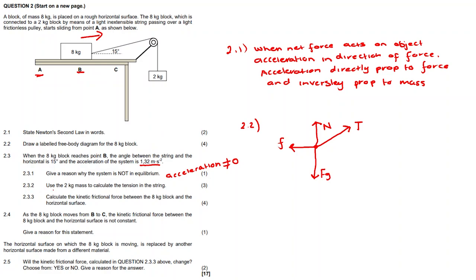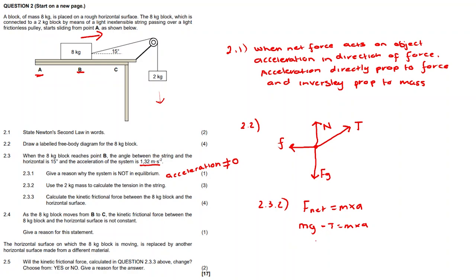You can write that out in words. Question 2.3.2. Use the 2 kg mass to calculate the tension in the string. This being the 2 kg mass, we can say that F net is equal to m times a. Looking at the 2 kg block, there's a force downwards, being gravity, and the tension upwards. So mg of the 2 kg block, minus T, is equal to m times a.